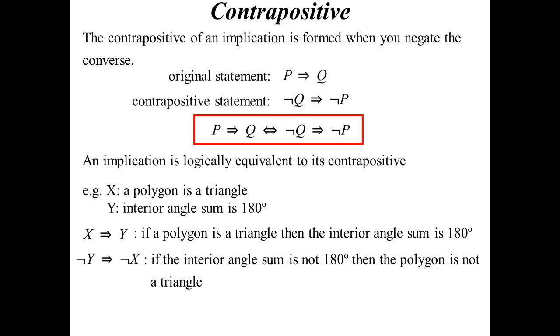Negate the converse. So if the interior angle sum is not 180 degrees, that's negating Y, then the polygon is not a triangle. Well, that's certainly true. So you see how they're equivalent statements. So X implies Y is equivalent to not Y implying not X.